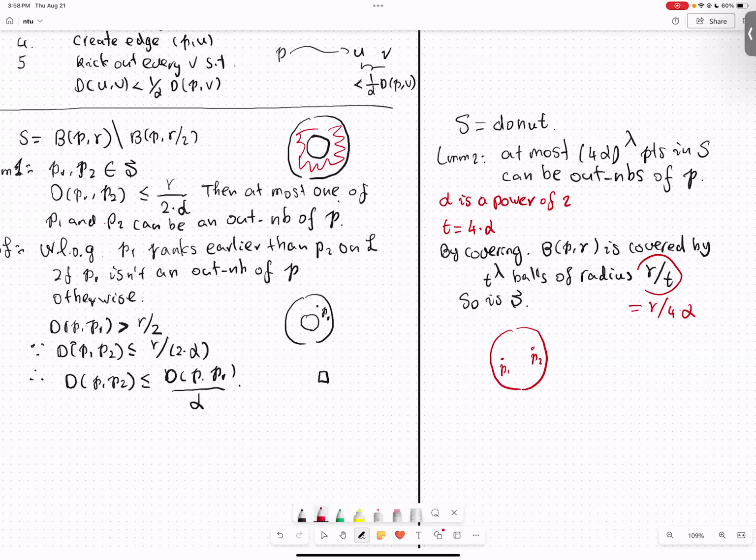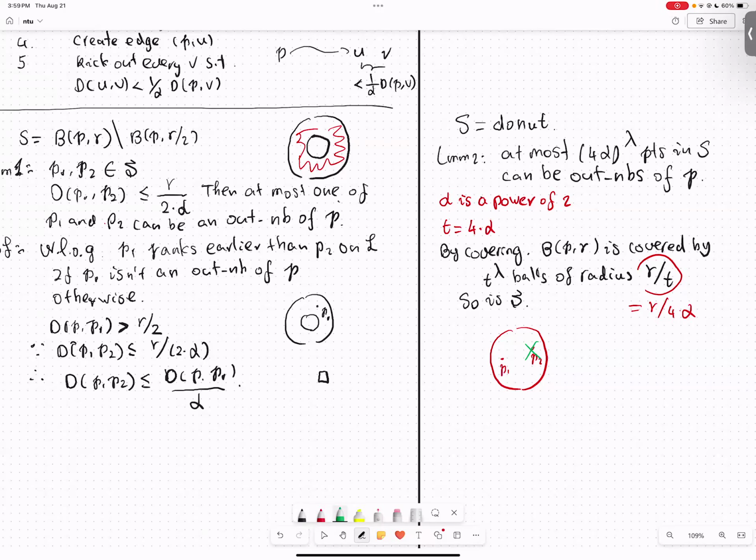Because if these two guys are inside this little ball, their longest distance can be only double the radius, right? So doubling the radius gives you R over 2 times alpha. Okay, good. So because of this, basically you look at all the points inside this ball, at most one of them can be the winner, the lucky guy, right?